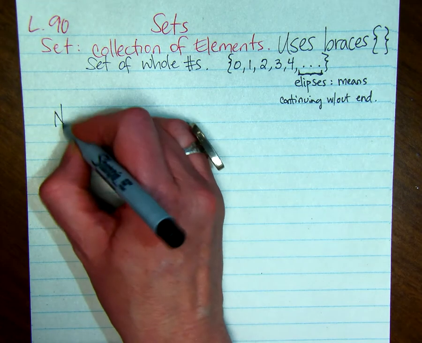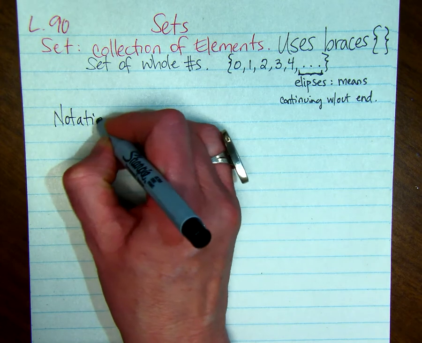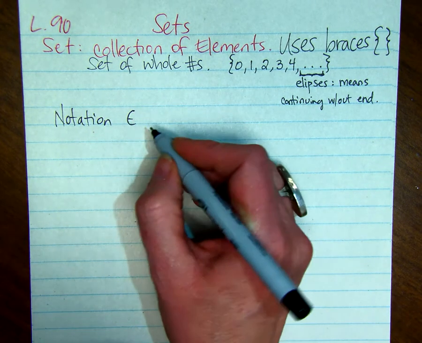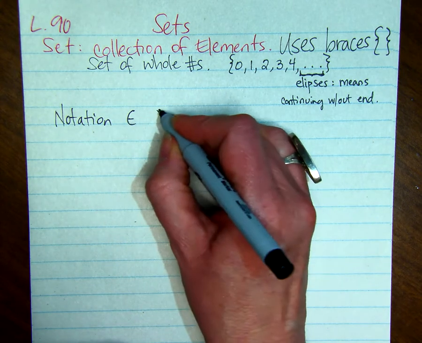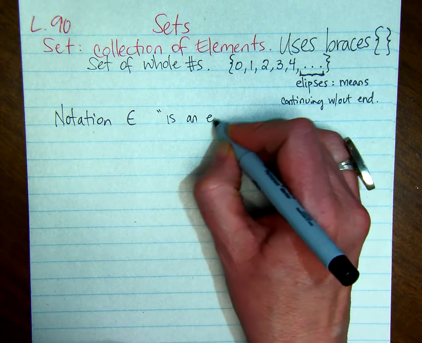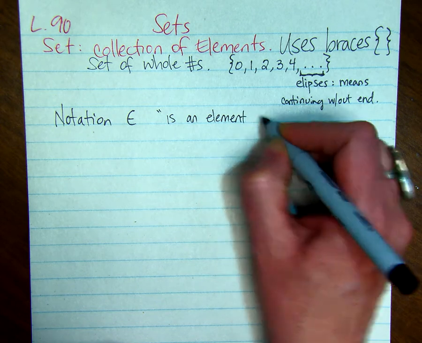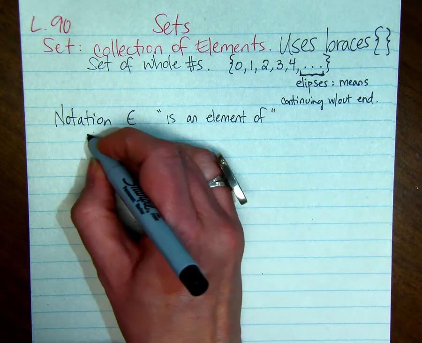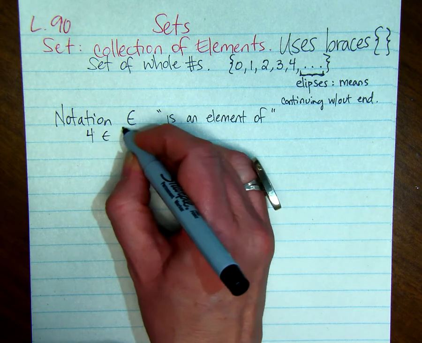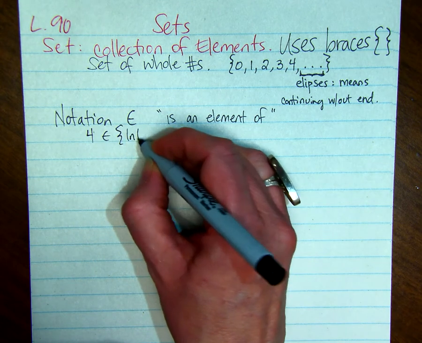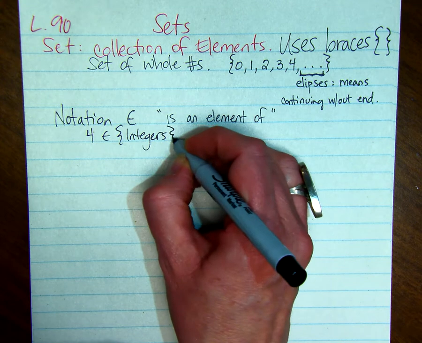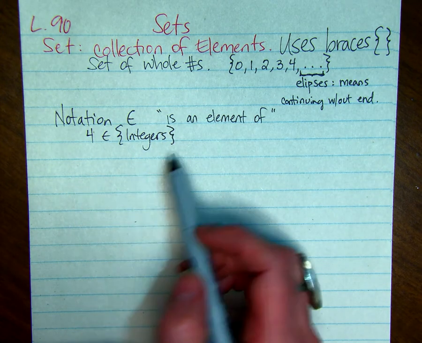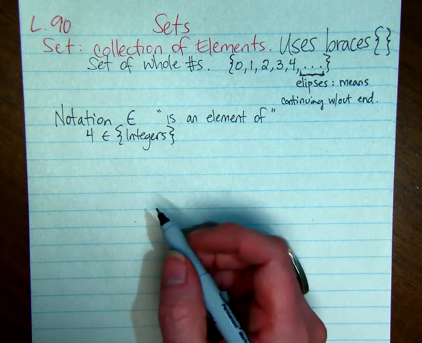The notation, this little E symbol, capital epsilon, just means is an element of. So if I wrote 4 is an element of the set of integers, that just means that within the set of all the integers, 4 is one of the elements.